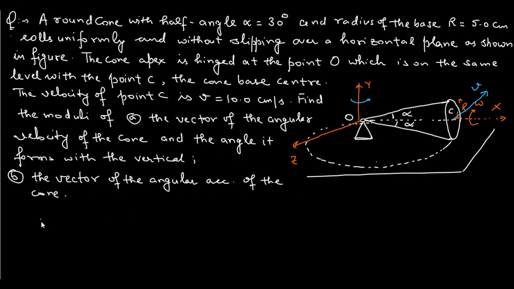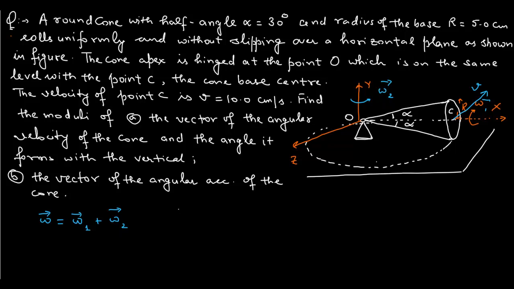The angular velocity of the cone must be the vector sum of omega 1 along the x-axis and omega 2 along the y-axis.